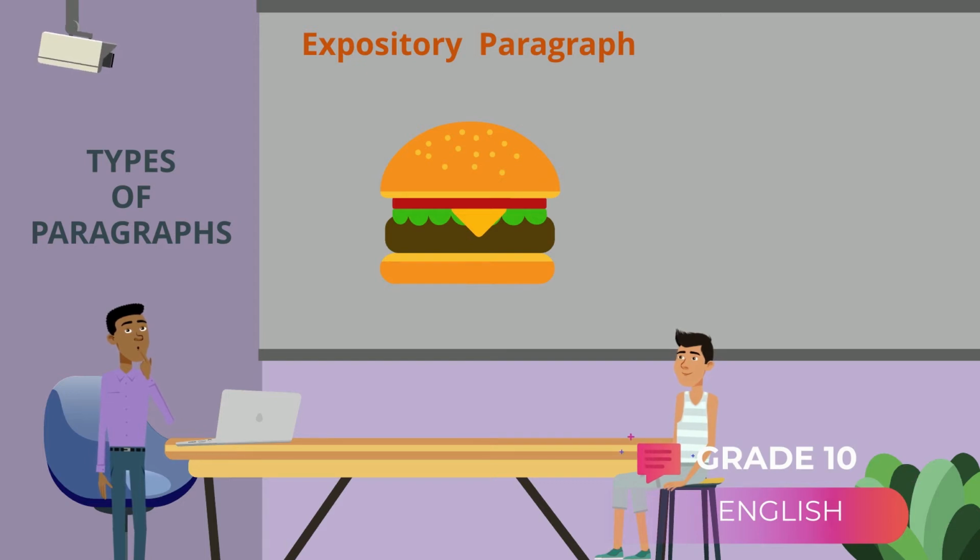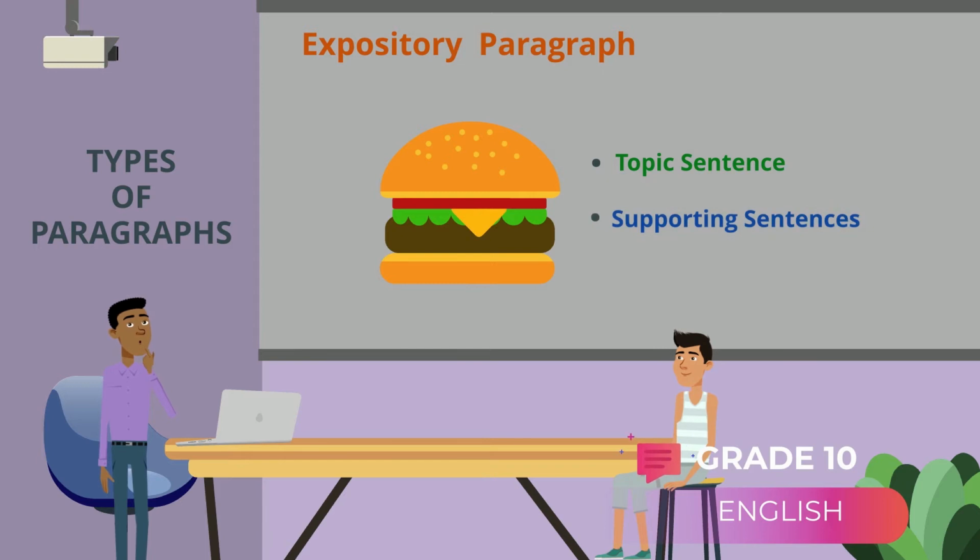The expository paragraph mainly follows the basic structure of a paragraph. Do you remember the structure of a paragraph? It is made up of topic sentence, supporting sentences, and a closing sentence.